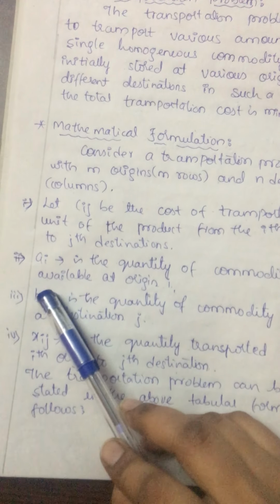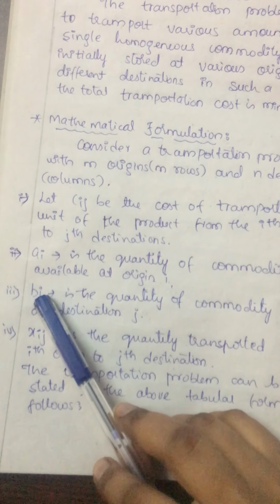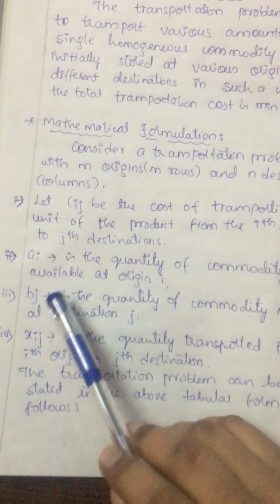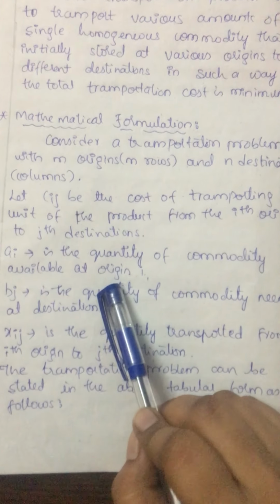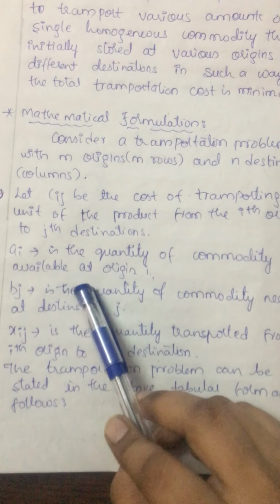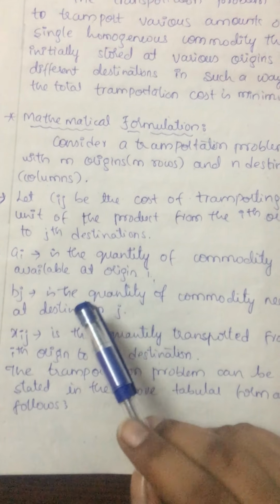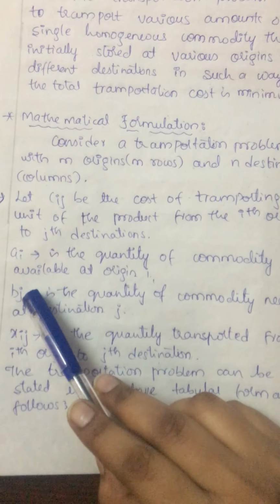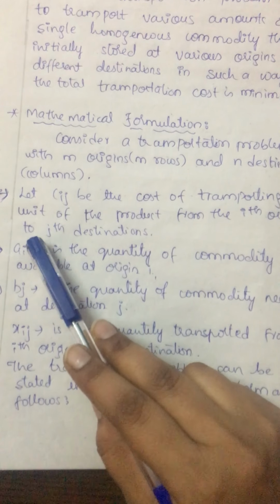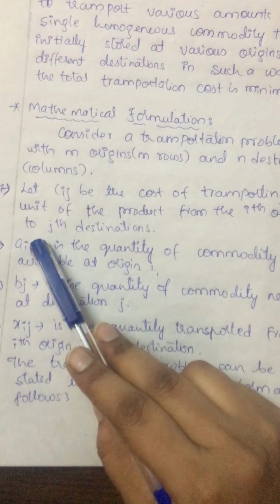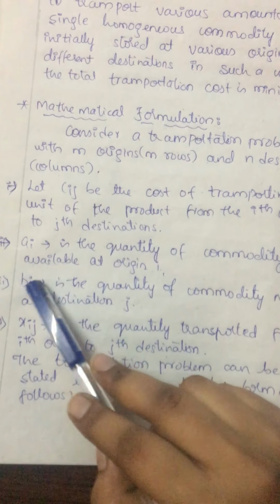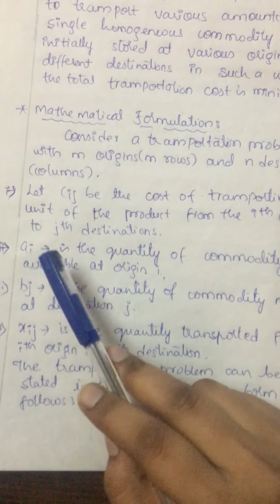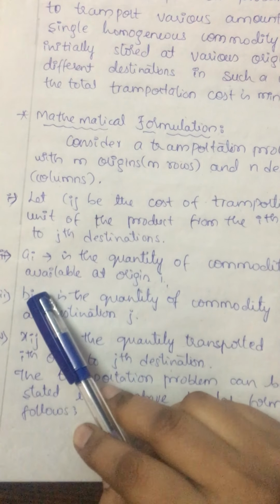The next term is bj. It is the quantity of the commodity needed at the destination; bj indicates the demand required at the destination. Here j indicates the destination and i indicates the rows. The row is always with respect to origins and j is with respect to the columns, the destinations.